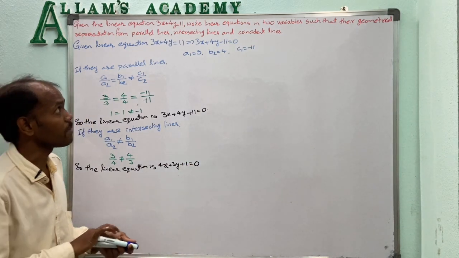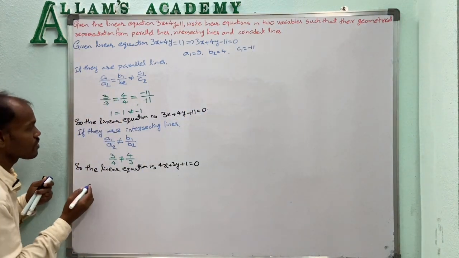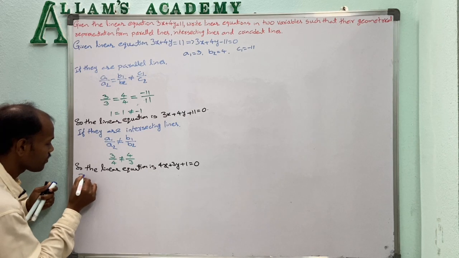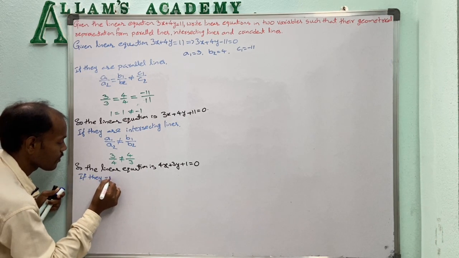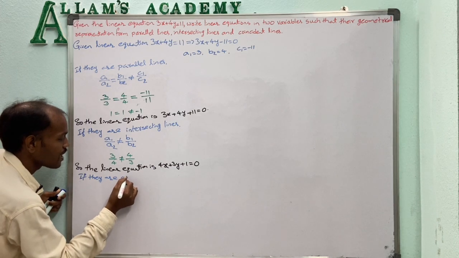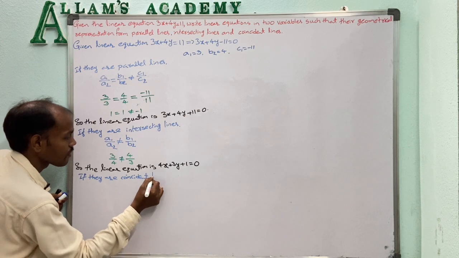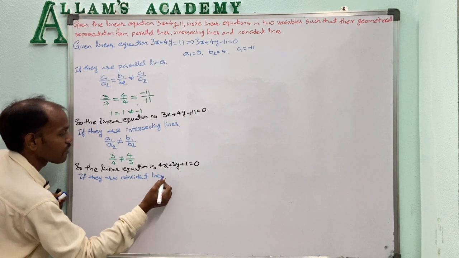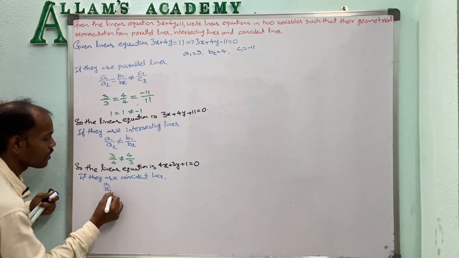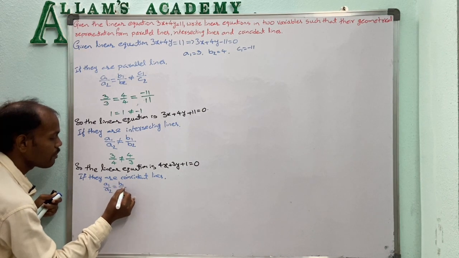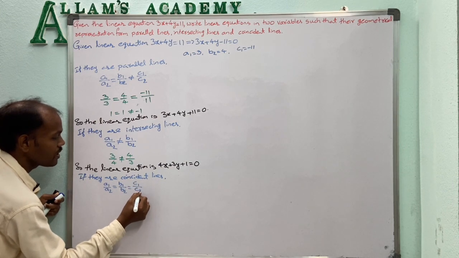Okay. Now the remaining third condition is coincident lines. If they are coincident lines, then a1 by a2 equal to b1 by b2 equal to c1 by c2.